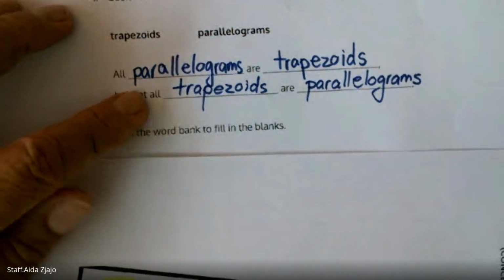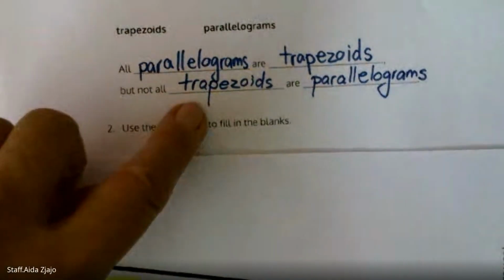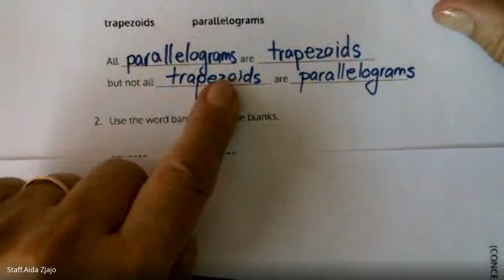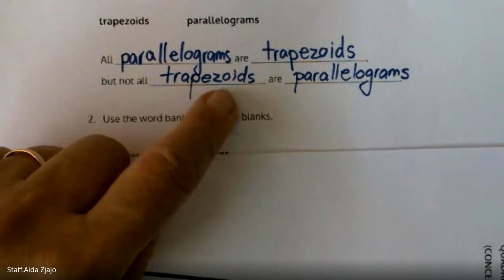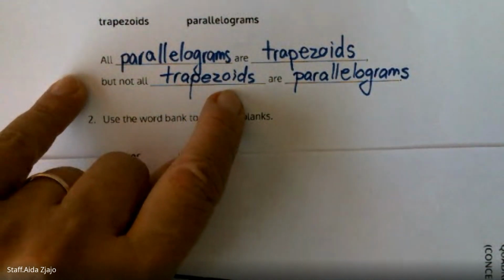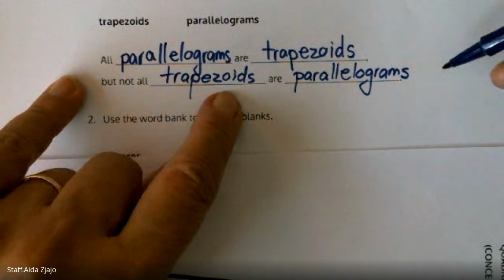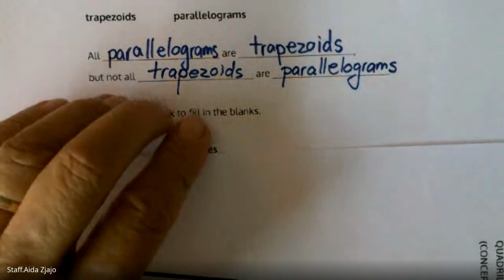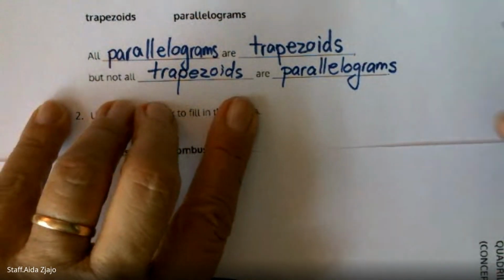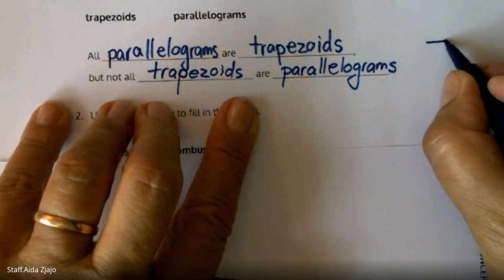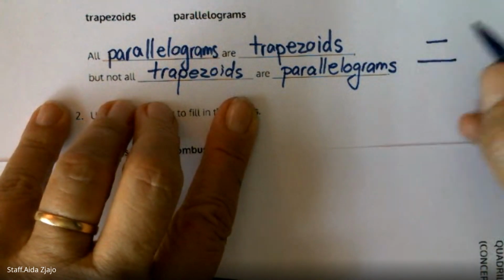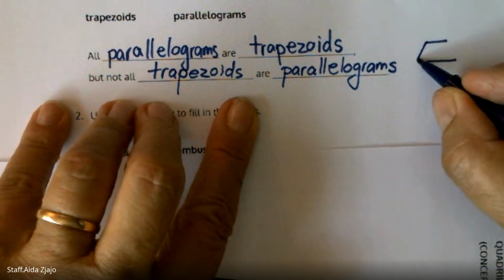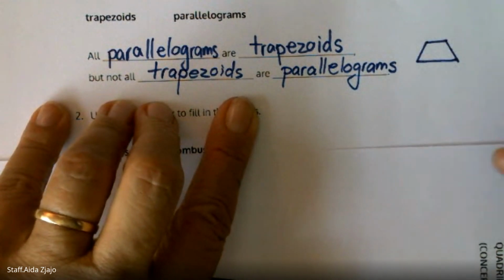So why are not all trapezoids parallelograms? Because a trapezoid has at least one pair of parallel sides. To be a parallelogram, you have to have two pairs of parallel sides. So if I just draw a little trapezoid, here is one pair, and these other two are not.